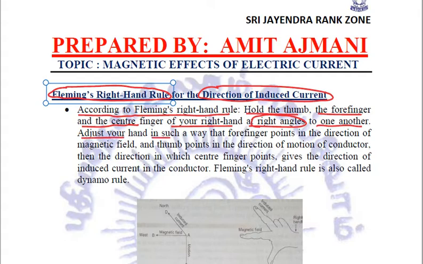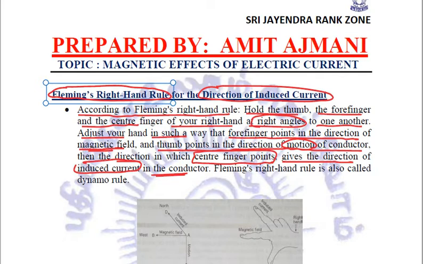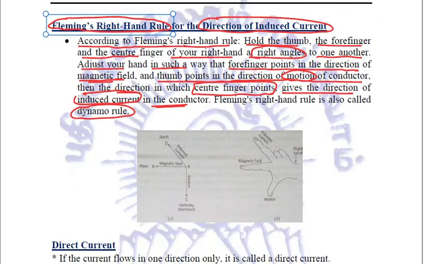Adjust your hand in such a way that the forefinger points in the direction of magnetic field and the thumb points in the direction of motion of the conductor. Then the direction in which the center finger points gives the direction of induced current in the conductor. This Fleming's right hand rule is also known as the dynamo rule, because it is applied in dynamos or generators. We'll see that after 2 minutes.